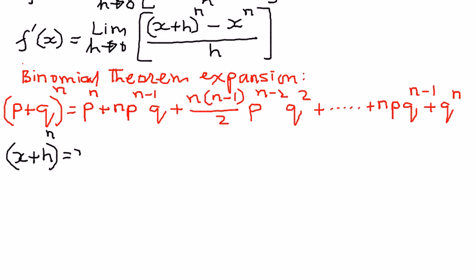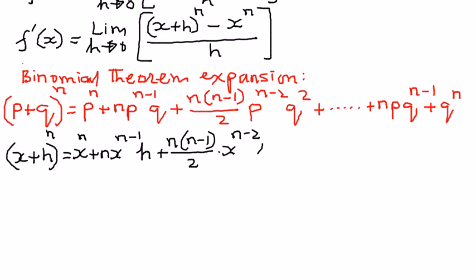So this is going to be x to the power of n plus n x to the power of n minus 1 h plus n times n minus 1, the whole thing divided by 2, times x to the power of n minus 2 times h to the power of 2 plus, and there are several terms in here, so we're going to write the second last term and the last term. n times x times h raised to the power of n minus 1 plus h to the power of n, like that.